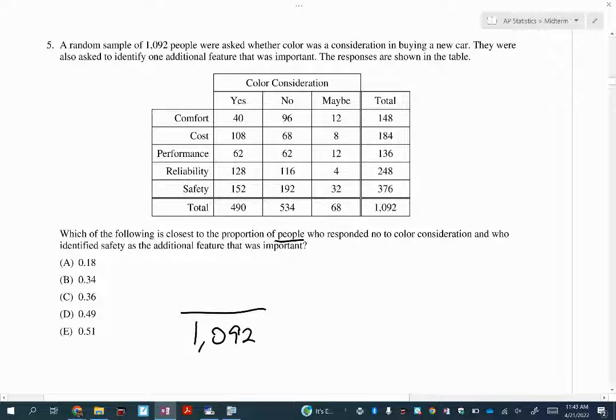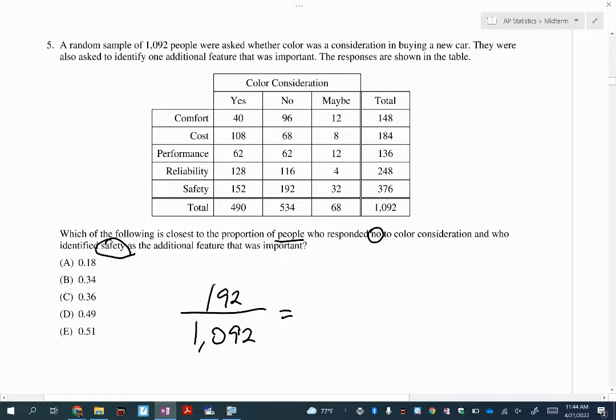That's all the people. And we want to find out the likelihood that they're going to be no to color consideration, and they identified safety as their additional feature that was important. So I'm going to no and safety, which is 192.